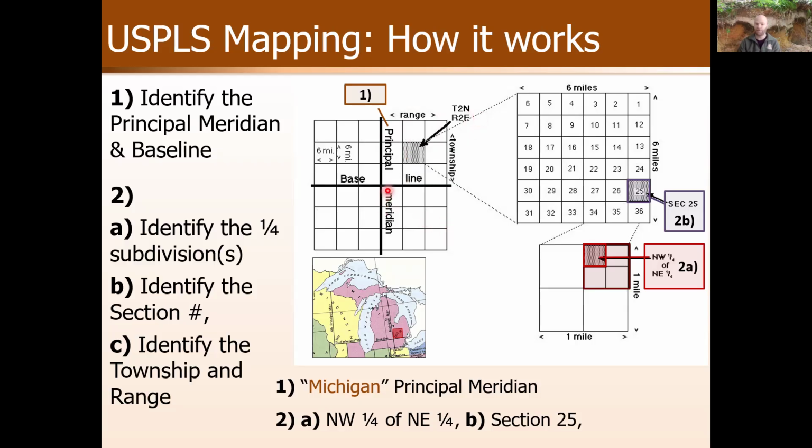And so this works. You find the corner. So in this case, where my little laser pointer is, is the corner. Every principal meridian only intersects one baseline. And so the baselines aren't labeled because there is only one baseline for every principal meridian.